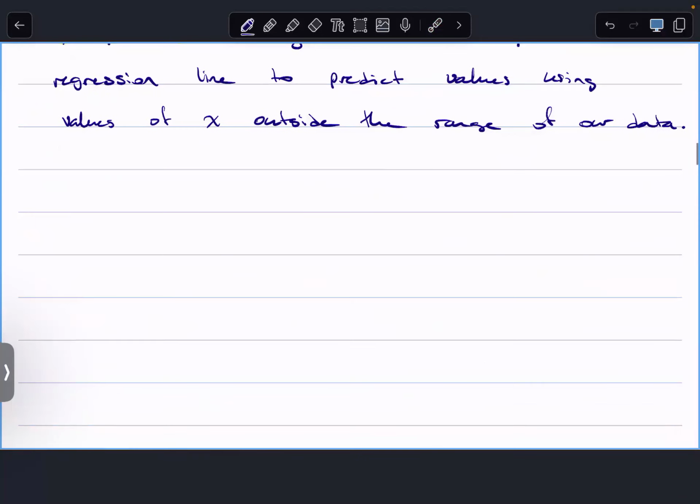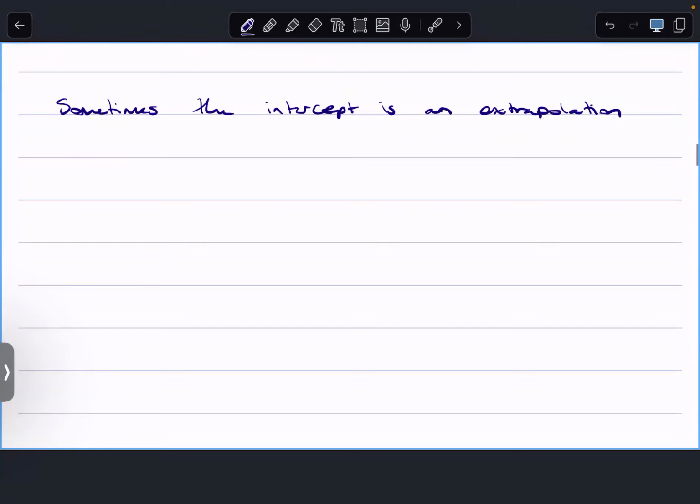And so sometimes the intercept is an extrapolation. So it doesn't give us any useful information. It's not meaningful, which means it does not provide any meaningful information.